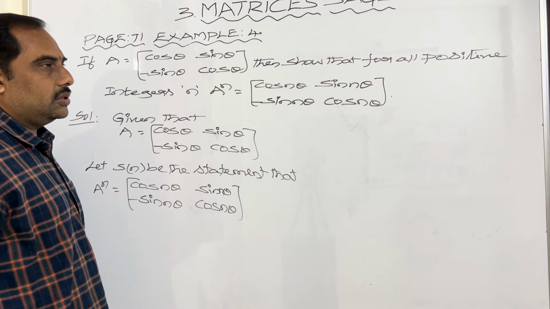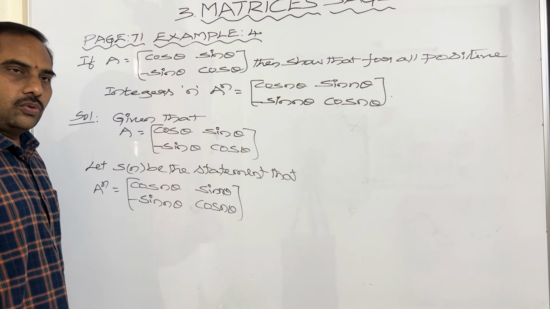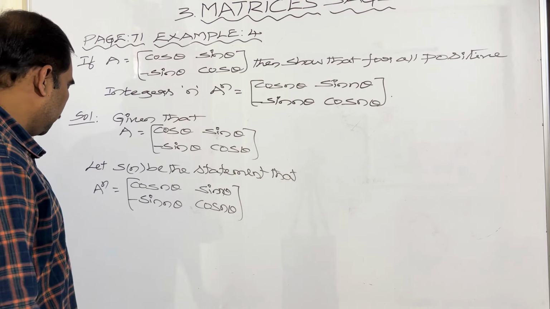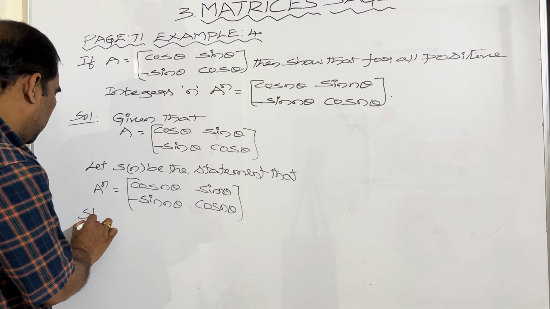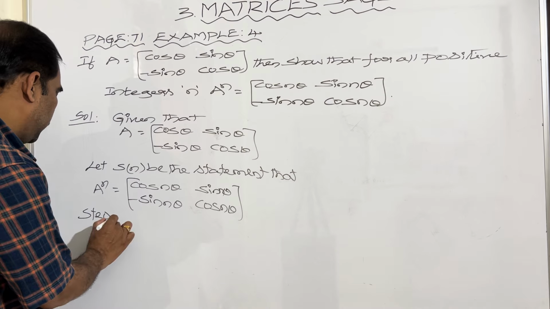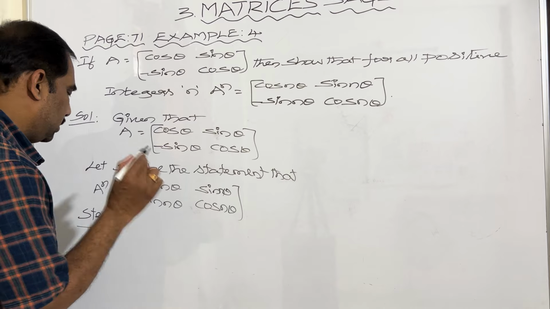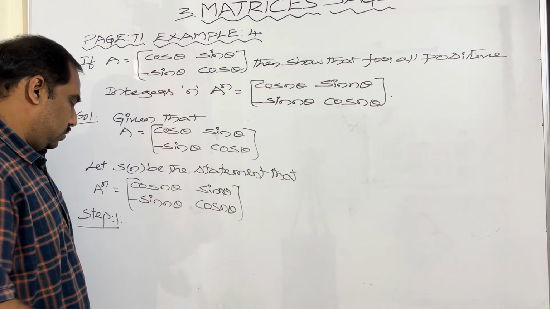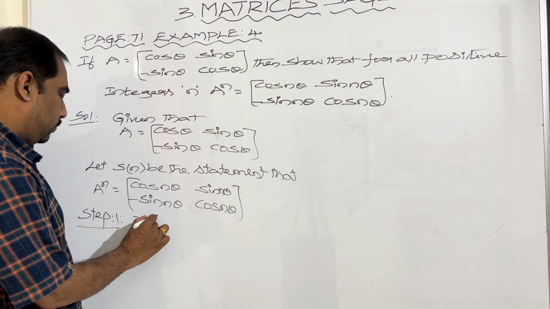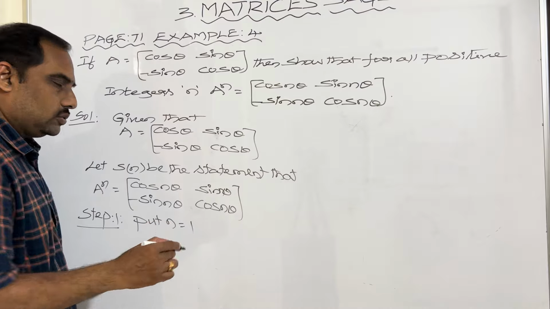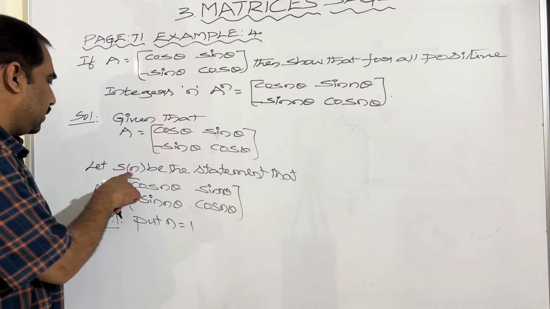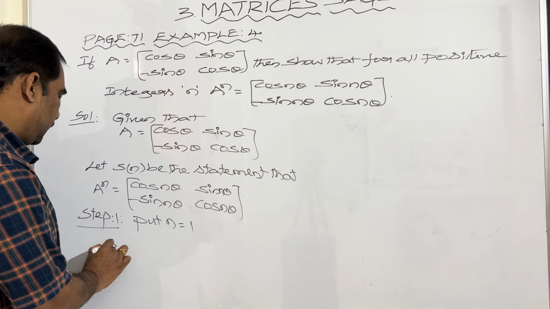Now we can prove it by using mathematical induction. In the mathematical induction, I am taking step 1. In step 1, put n is equal to 1 in S of n. What is S of n here?